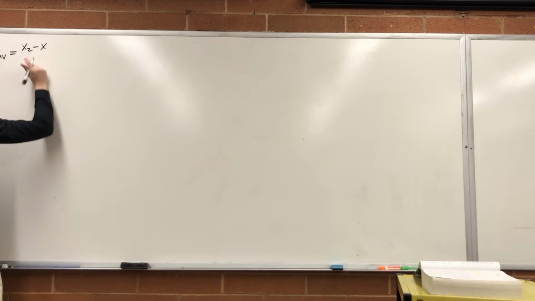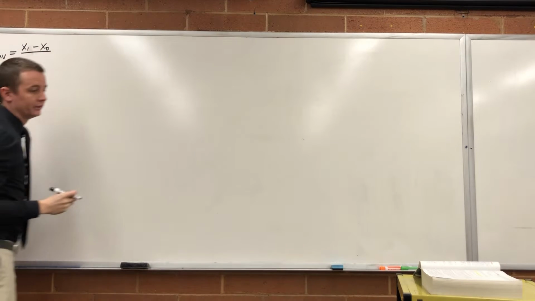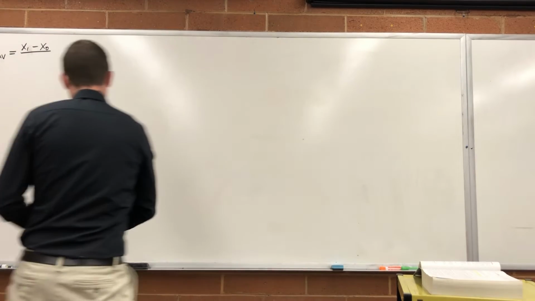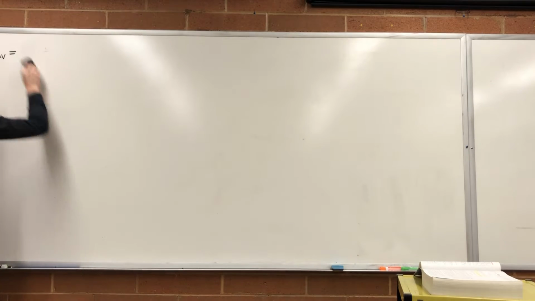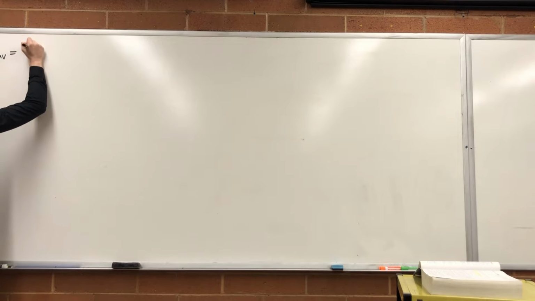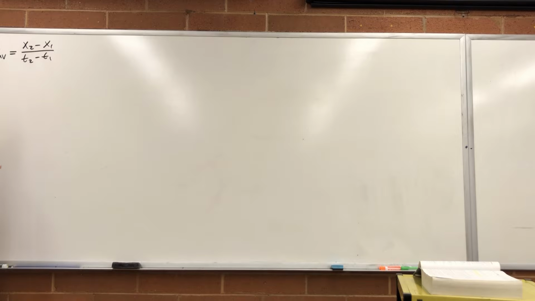So quickly, our definition for average velocity then is your final position minus your initial position, maybe x1 minus x0, all over the time interval that takes you to do that. So your final position minus your initial position divided by the time you were at your final position minus the time you were at your initial position.